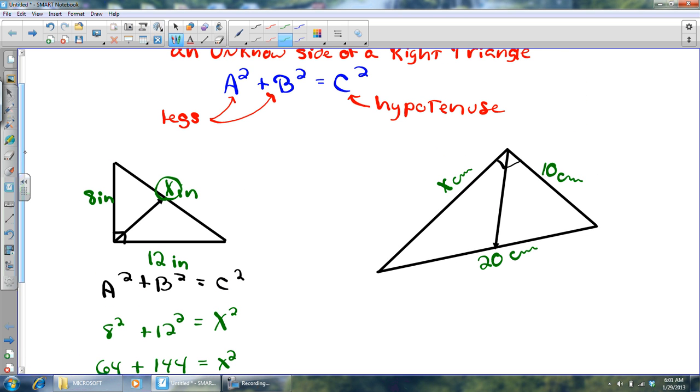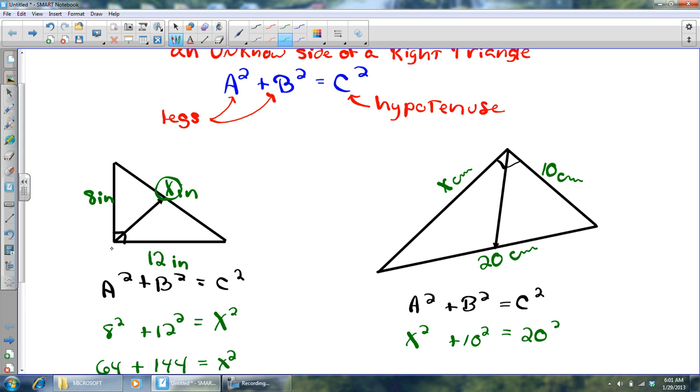All right, let's come up here and see how to do this other triangle. Again, I'm going to write down the Pythagorean theorem, a squared plus b squared equals c squared. And then I'm going to fill in c first, always filling in c first. Now a and b don't matter on this one, so I'm going to make my variable the first one, and I'll make the 10 b.